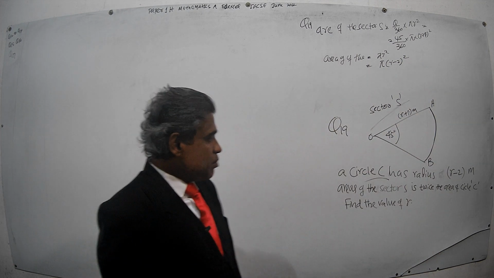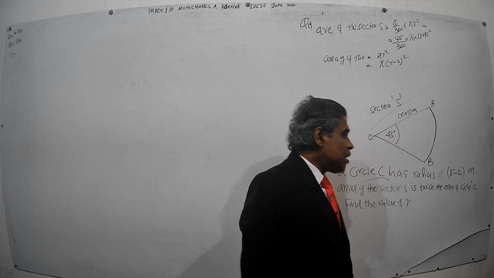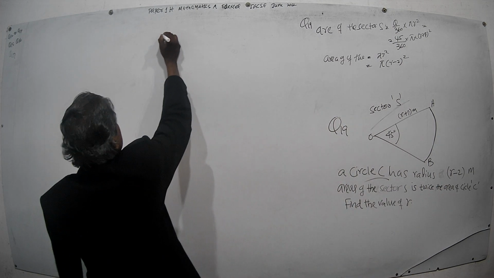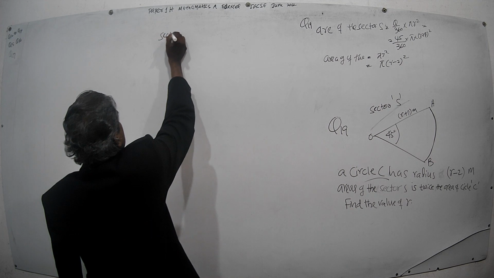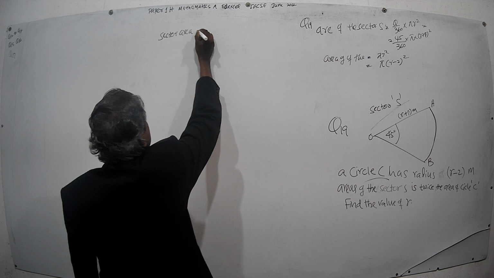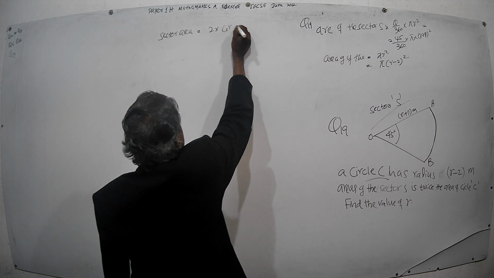Now what is the relationship of the areas? The sector area is twice the area of the circle. Sector area equals twice the circle area.